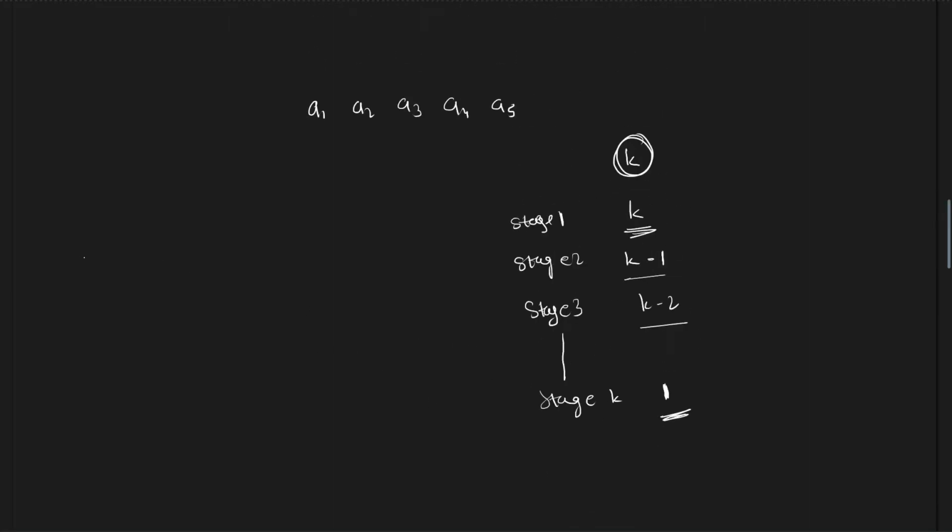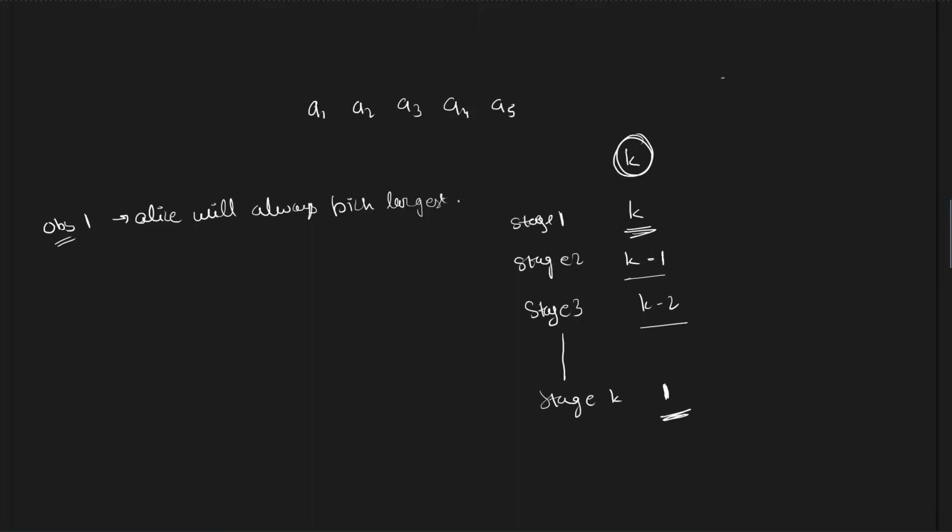Now if you carefully observe, the first observation is that Alice will always pick the largest element. Alice will try to pick the maximum element she can, always. Why?